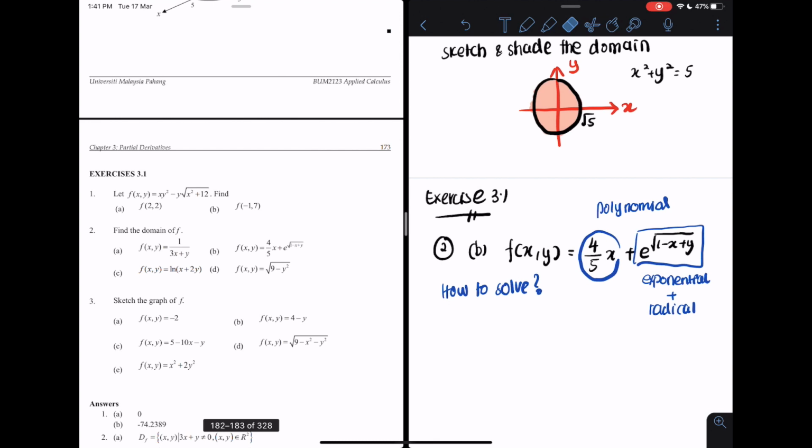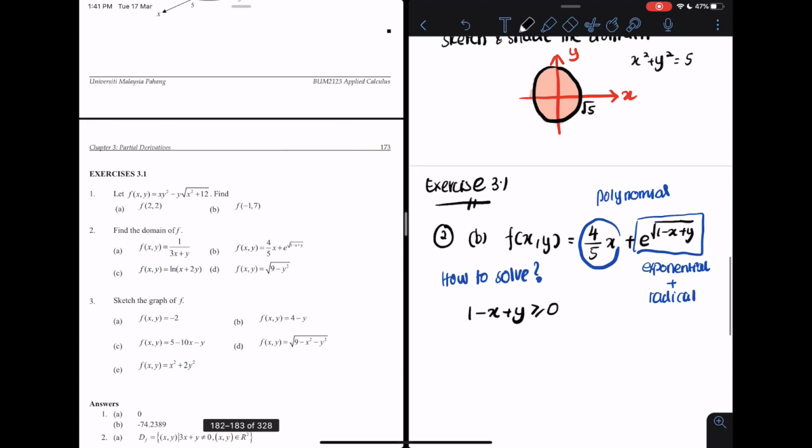But in this question, you have to pay more attention to the indices of this exponential function, as there is some restriction because the indices is written in terms of a radical function. Therefore, the radical expression 1 minus x plus y should always be larger than or equal to 0.